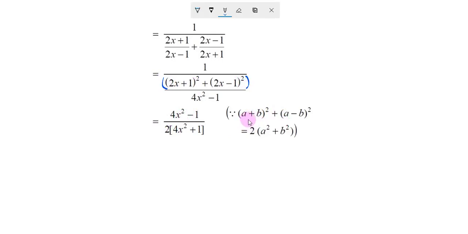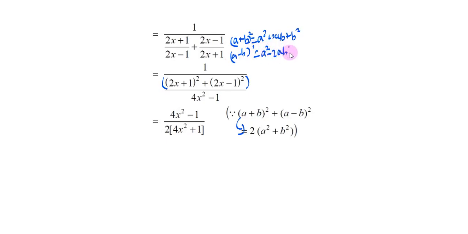Okay, first I say how to get this method. What is a plus b the whole square? A plus b the whole square is a square plus 2ab plus b square. What is a minus b the whole square? A square minus 2ab plus b square.